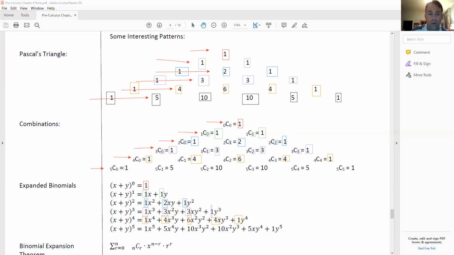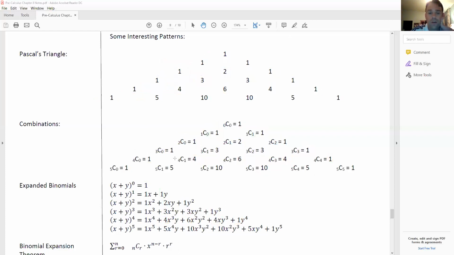The 5th row with combinations: 1, 5, 10, 10, 5, and 1. And the 5th row for the expanded binomial is 1, 5, 10, 10, 5, 1. Pascal's triangle, combinations, and expanded binomials were the entire same thing all the way down.